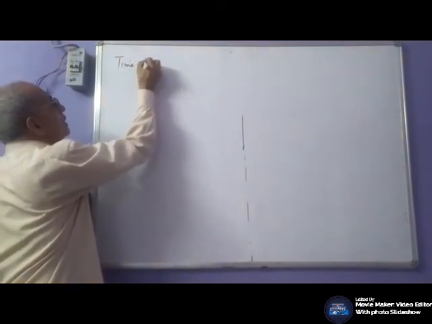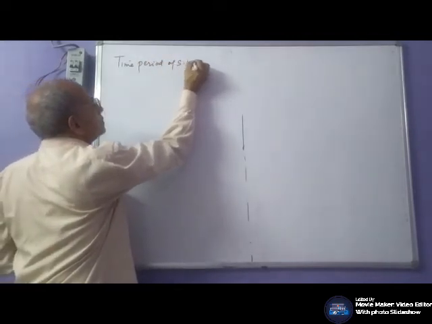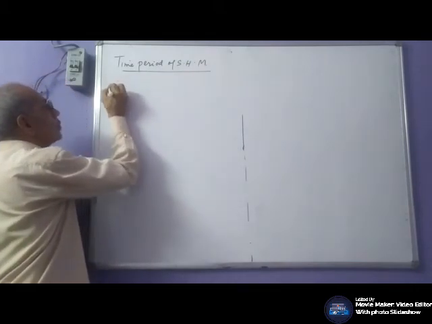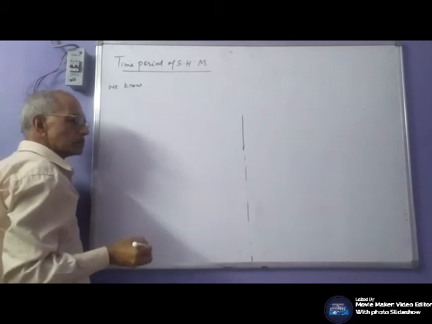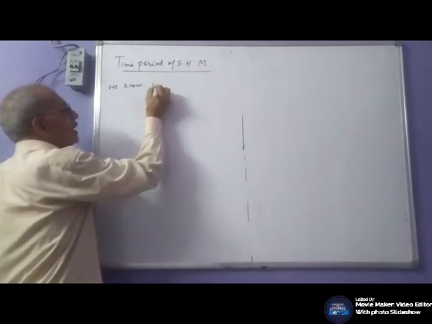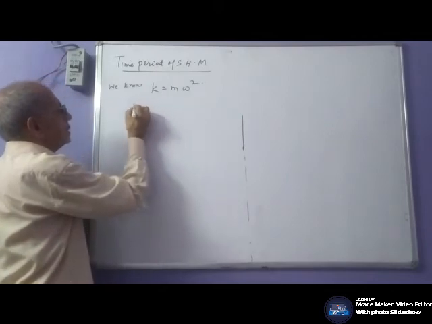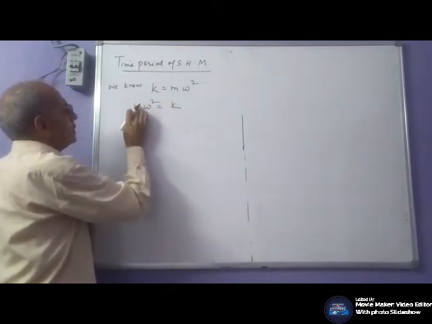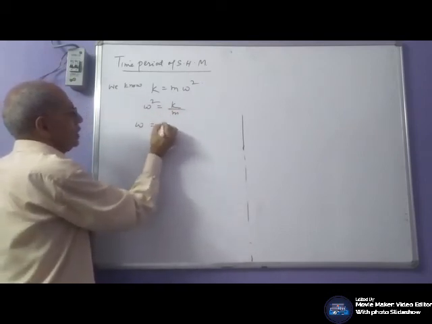Time period of S.H.M. We know K is m omega square, so omega square is this omega.